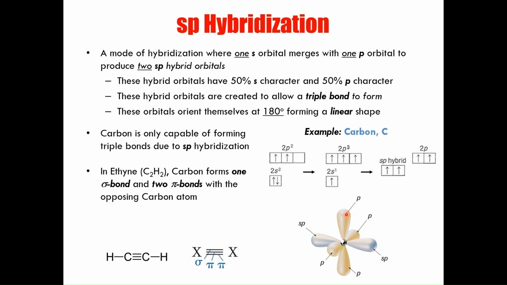And this vertical p orbital will do a side-to-side overlap, which creates 1 pi bond. And then this horizontal p orbital will do another side-to-side overlap, which will create a second pi bond. And so a triple bond is essentially 2 pi bonds and 1 sigma bond. Now, each carbon atom will be left with one other hybrid orbital, and that hybrid orbital will be used to bond with the hydrogen on either side of the molecule.